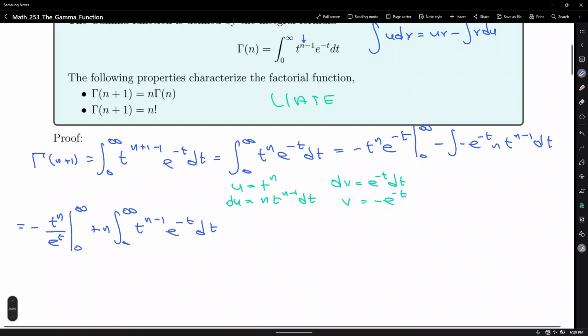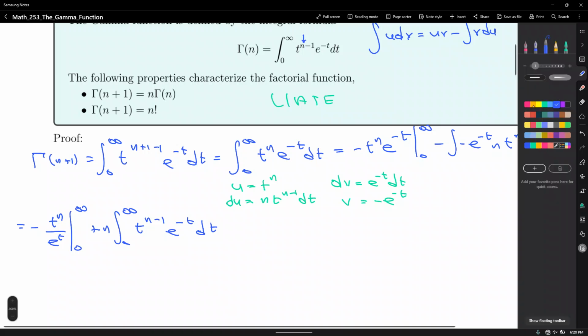And you agree the exponential grows faster than the polynomial? So at infinity, e to the infinity is a larger infinity in the denominator, so that's going to be zero. Now, what about zero evaluated at a polynomial? Isn't that zero divided by e to the zero, which is one? It's still zero. So this whole term goes to zero in one shot.